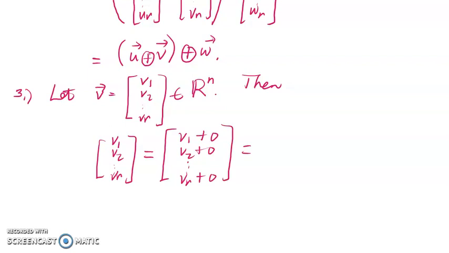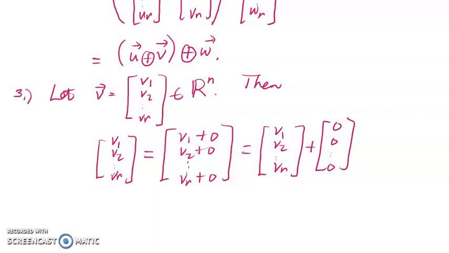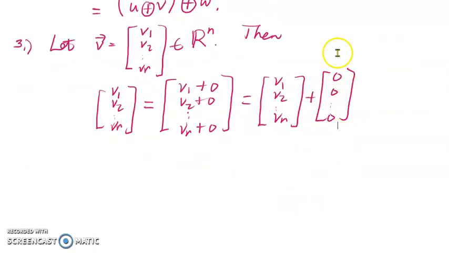And we can also rewrite this as v1, v2 to vn plus this matrix 0, 0 up to 0. And there are n zeros here. So we will now let this one be our 0 vector.